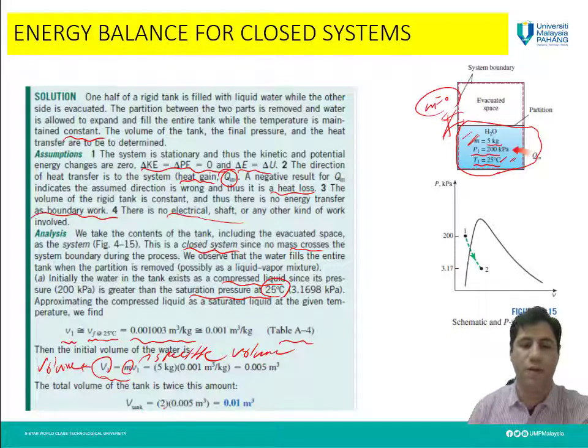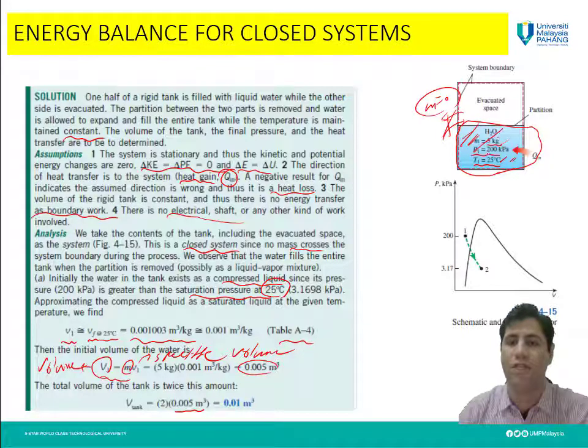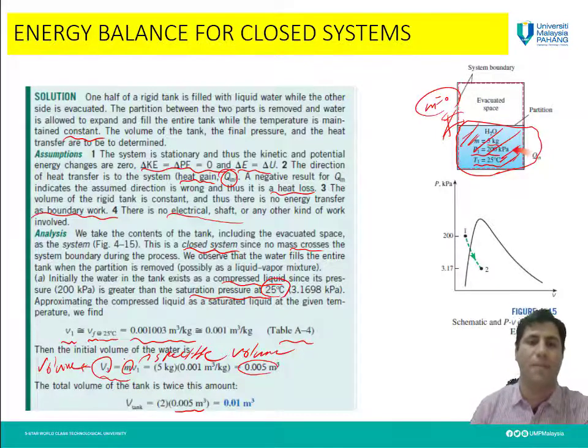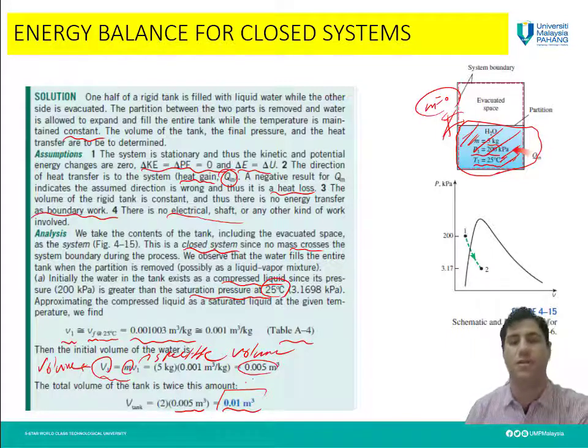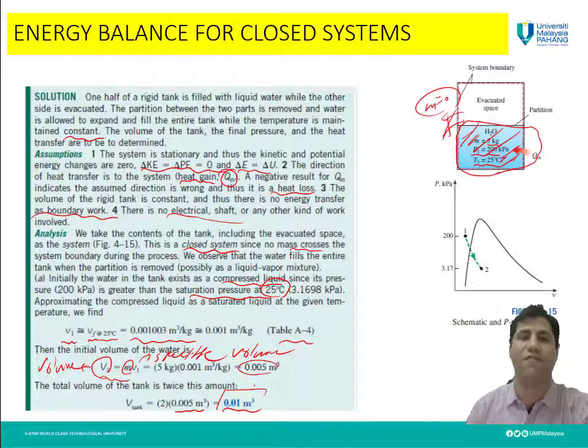So V tank will be equal to 2 times this, the volume of this portion. V tank, 2 times this, will be 0.01 meter cubed. So we have calculated the volume of the tank.